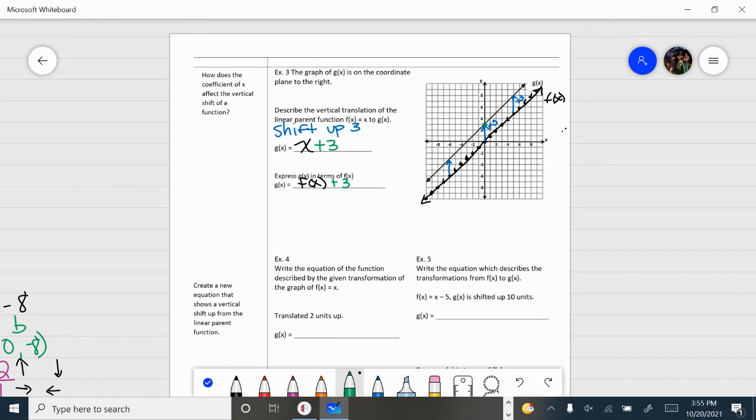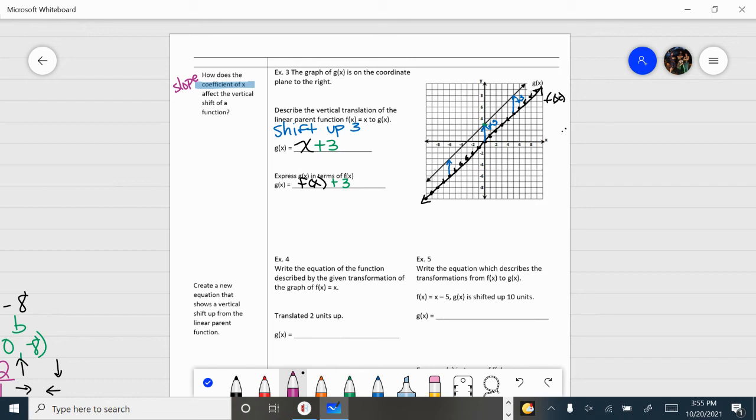If you look over here to the side, how does the coefficient of x affect the vertical shift of a function? So coefficient of x, we normally call the slope. Okay? So how does the slope affect the vertical shift of a function?